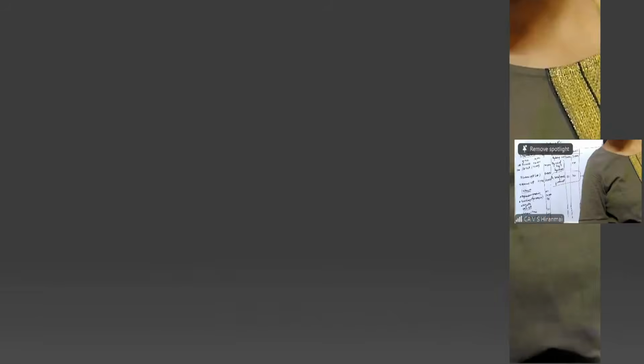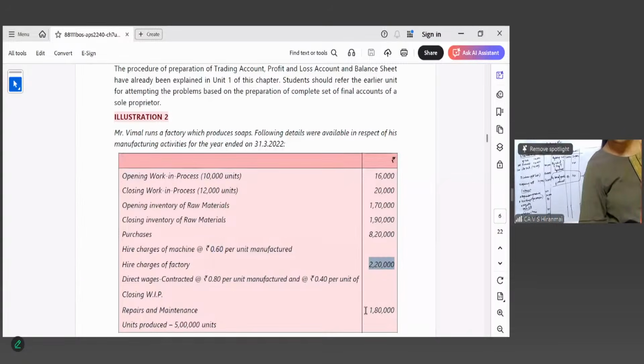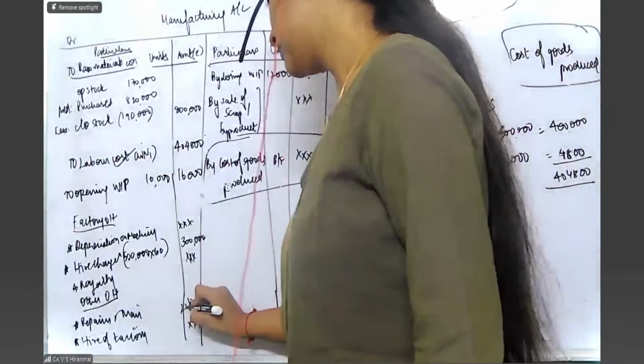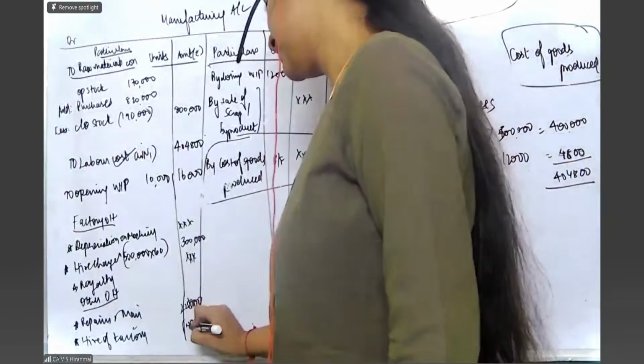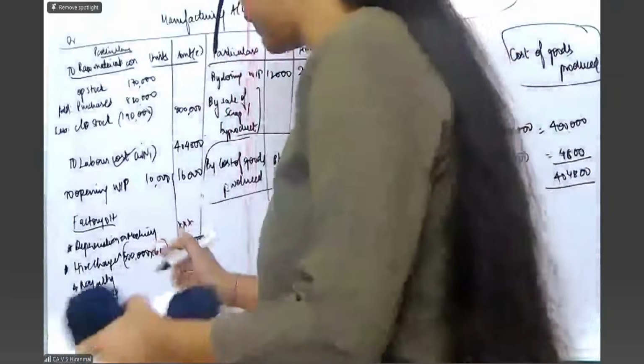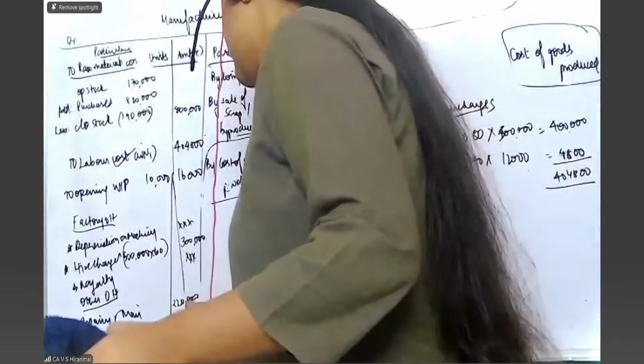Take it under other overheads. So the factory hire charges 2 lakh 20, repairs and maintenance 1 lakh 80. So when you combine both, it will give you 2 lakh 20 and 1 lakh 80. That's all.